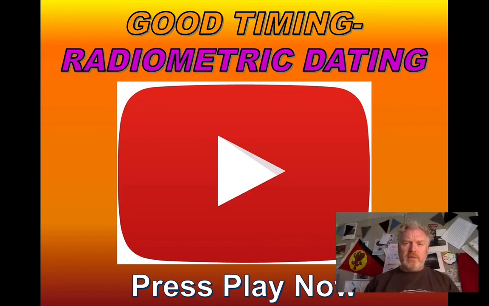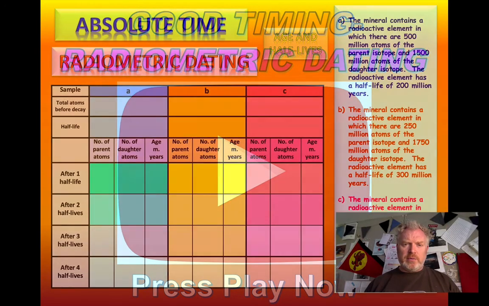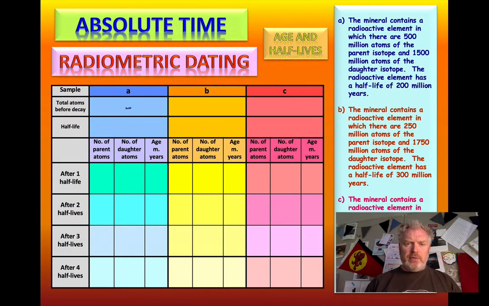Okay then, let's see what you've found. So this is our table. We've already filled in some parts of it. So after two half-lives, sample A is going to have 1,500 million atoms.